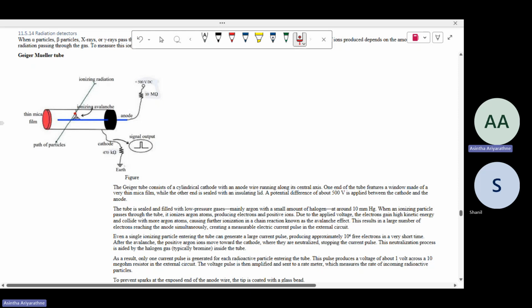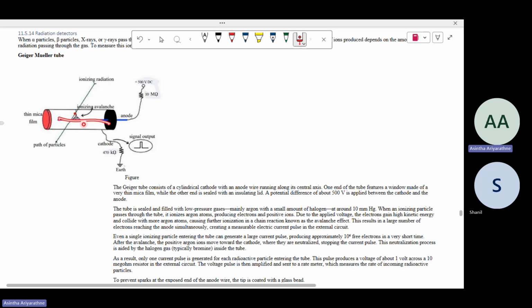Ionize means electrons can be emitted from those other particles. So when a radioactive element passes through this tube, this gas ionization process happens, and the positive ions are attracted towards the cathode, whereas the negative ions are attracted towards the anode.